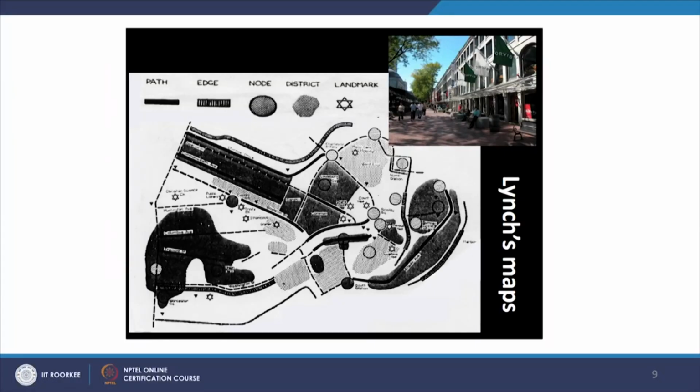Following Lynch, there is an important contribution from Gordon Cullen's work on the townscape, where he talks about serial vision. Serial vision takes the journey of how one moves around, and how the movement opens up certain surprises and feelings.